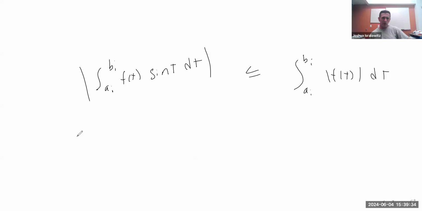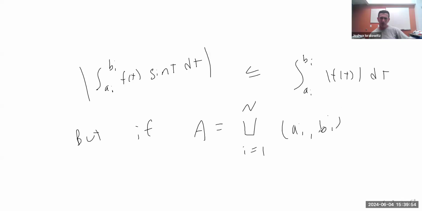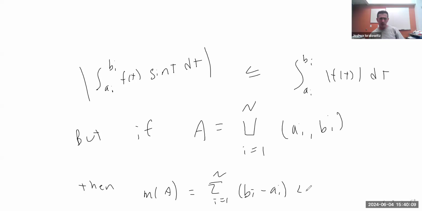So let's say A is this disjoint union. The measure of A is the sum, which we assume to be less than delta.